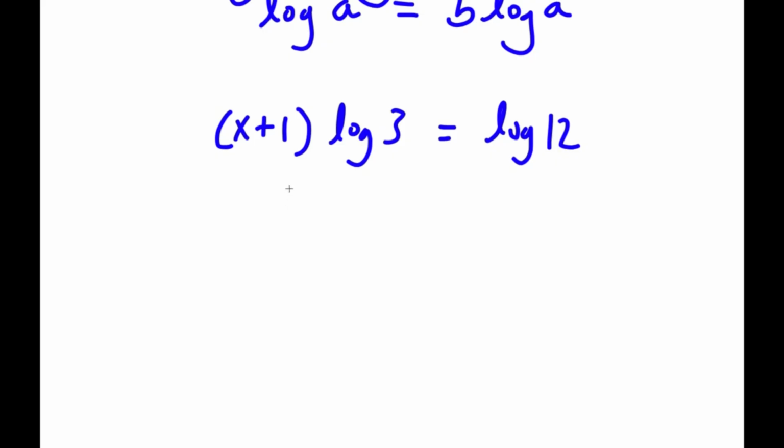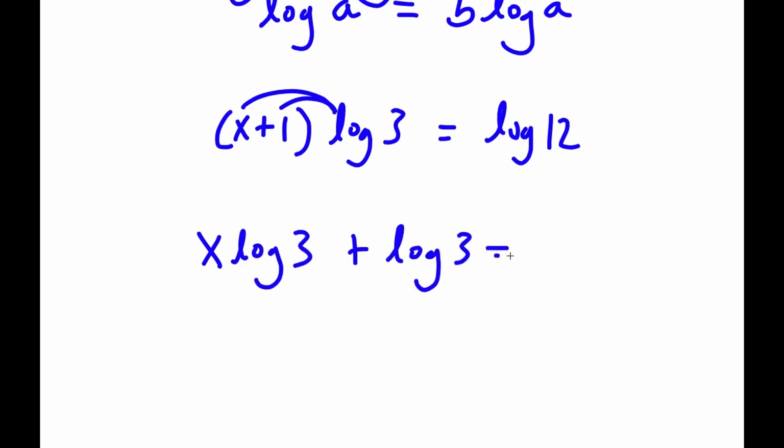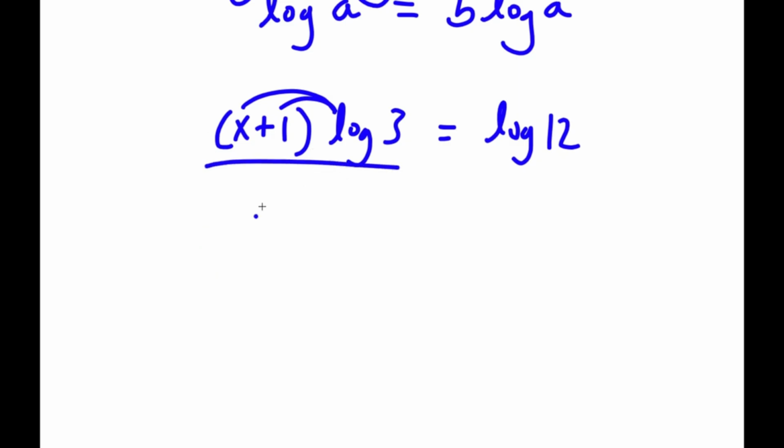Now, what I'm going to do is I'm actually going to go ahead and distribute the log 3. So now I have x times log 3 plus log 3 is equal to, sorry, I'm actually going to divide by log 3 on both sides.